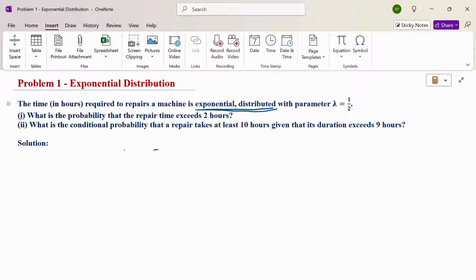Therefore, when lambda is given, we can apply the Poisson distribution or the exponential distribution. For discrete type problems, we apply the Poisson distribution. For continuous type problems, we apply the exponential distribution. Okay, fine. Now the exponential distribution function.